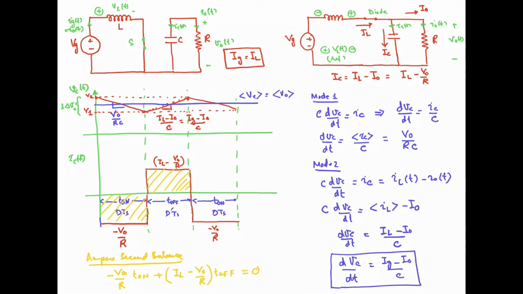The average value of the capacitor voltage is this one. Delta vc is the difference between the average value and the peak value, and delta vc is also the difference between the average value and the minimum value. So the total difference is 2 delta vc, that is the variation in the capacitor voltage.